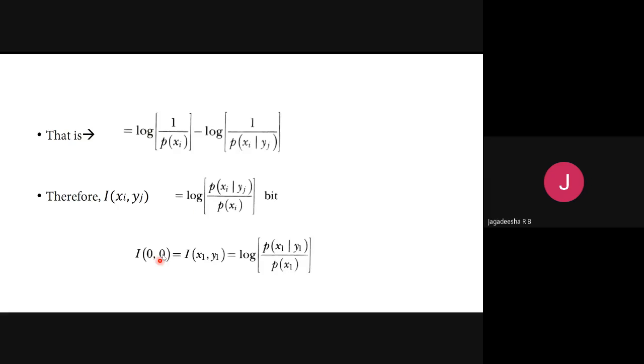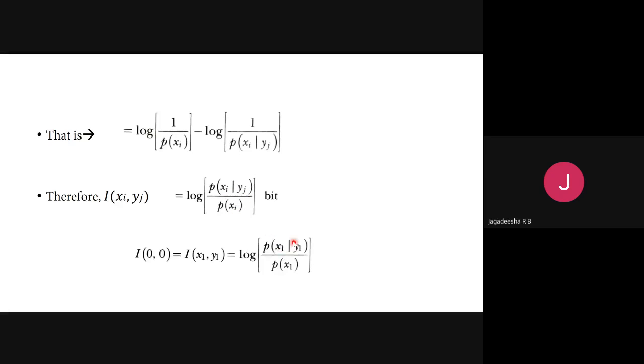Okay, now based on this general relation that we have derived, for this specific example we will find out the value of I(0,0). You transmit 0, you get 0. So this is the path: X1 is 0, and at Y1 you will be getting the 0. So how to calculate that? That is log of P(x1|y1) divided by P(x1).